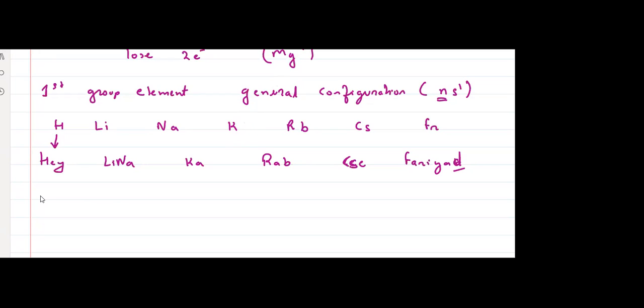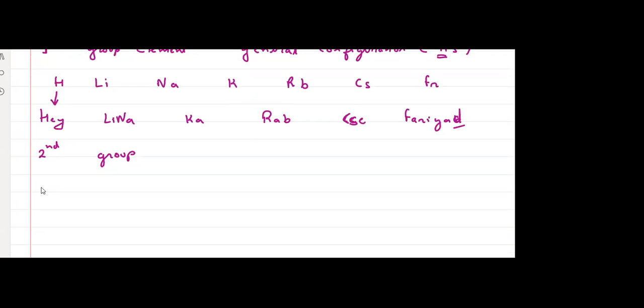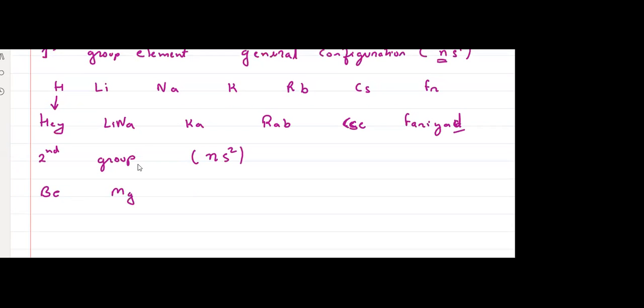Let us talk about the second group. So what is the second group? I will just write. The general configuration is ns2, right? It is Be, Mg, Ca, Sr, Ba.